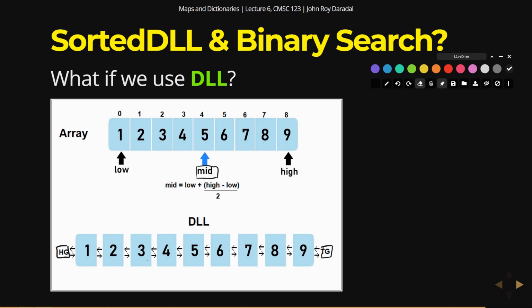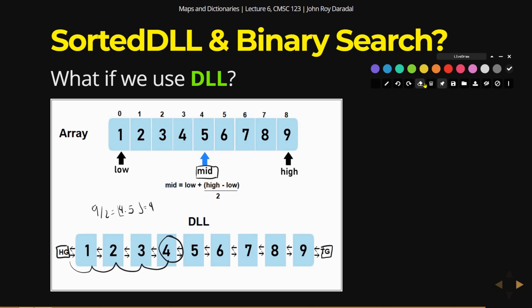And if you know the size, for example, I know that the size is 9. So 9 over 2 is 4.5, right? So maybe if I take the floor, this would be at 4. So I just need to make 4 jumps from head guard. So 1, 2, 3, 4. So I'll make this the mid for now.